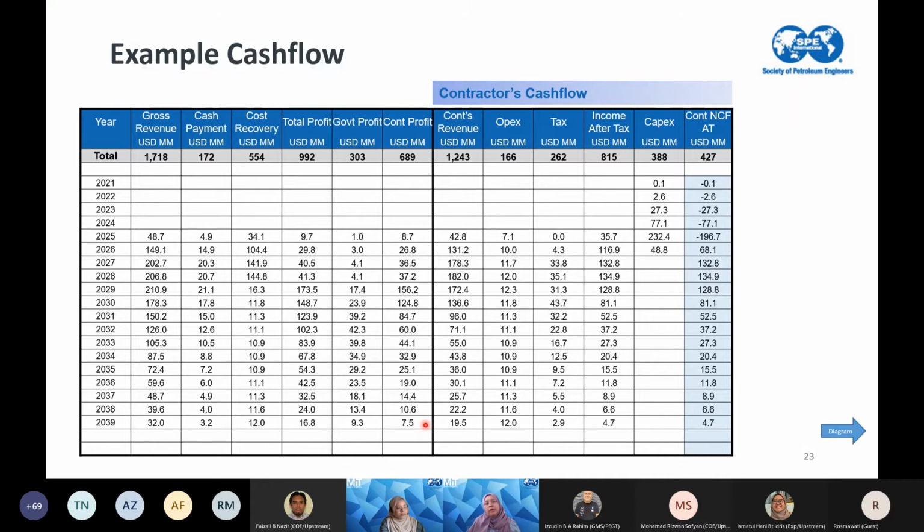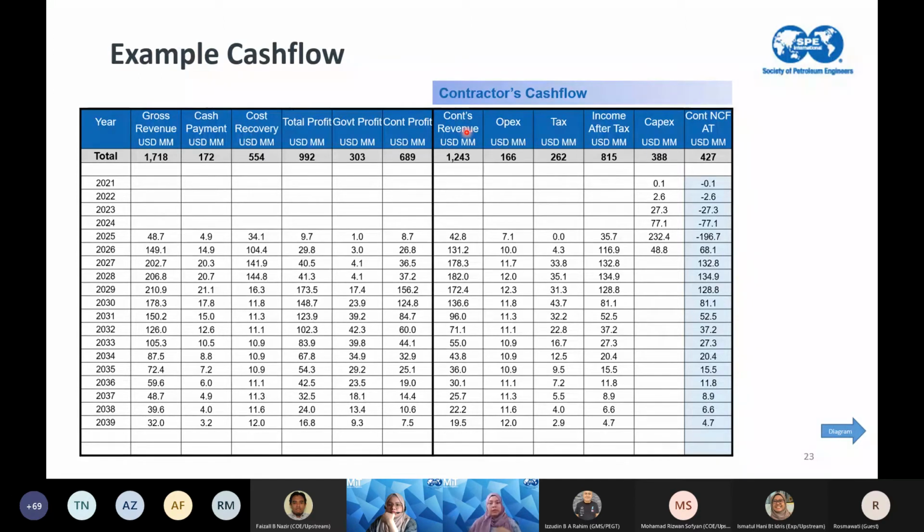So let's think about a contractor's cash flow. What is income to the contractor? Again, I repeat, it is the cost recovery plus its share of profit. You can see the sum, 1243 is 554 plus 689. So that's what the contractor sees. If I open my book, income is 1243.